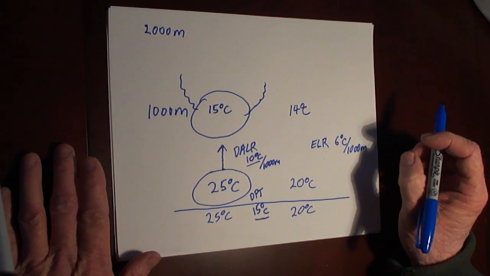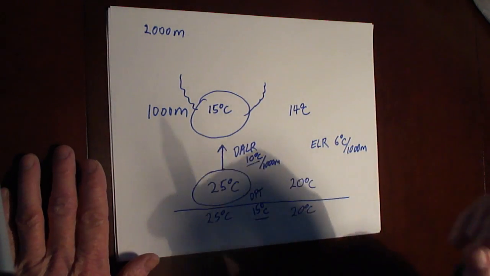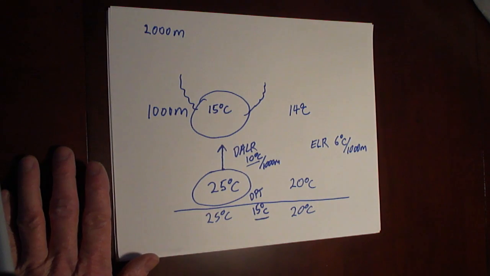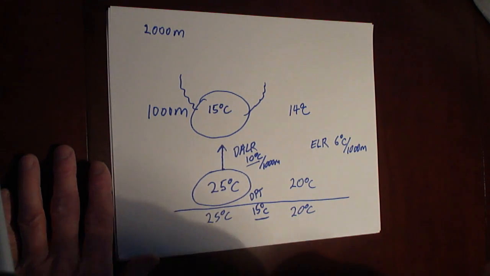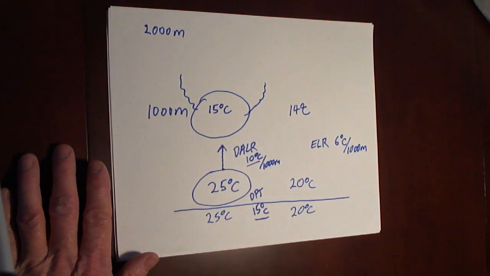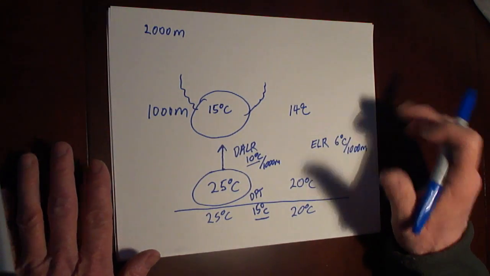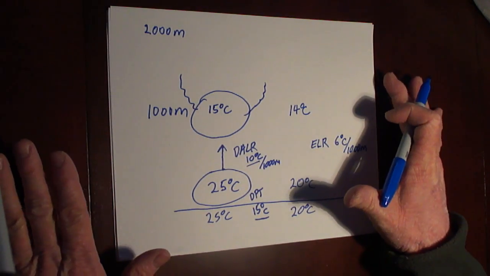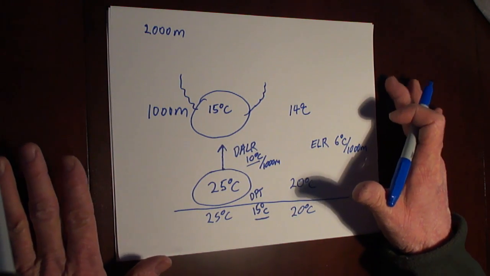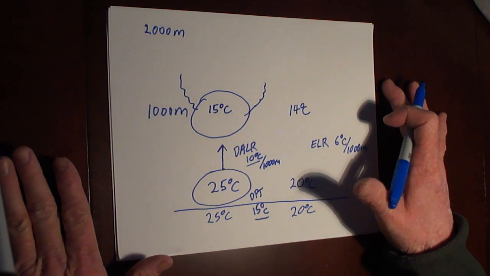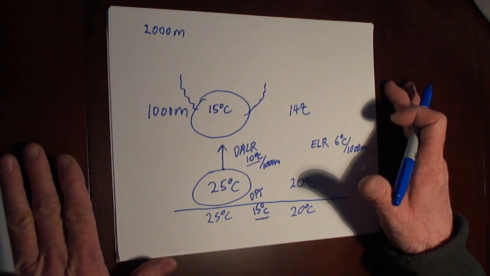When condensation occurs, latent heat is released. That means the cooling is going to slow. It's not going to reverse the cooling altogether, but it's going to slow the cooling down to about 5 degrees Celsius for every 1,000 meters. That's the moist adiabatic lapse rate, sometimes called the wet adiabatic lapse rate.